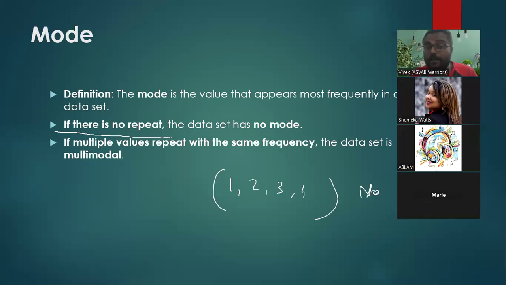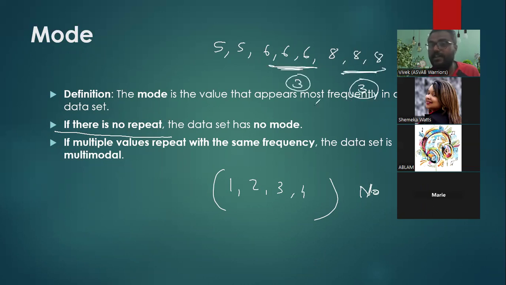Now, if multiple values repeat with the same frequency, let's say 5, 5, 6, 6, 6, 8, 8, 8, then 6 is occurring 3 times and 8 is occurring 3 times. This type of data set is known as multimodal. If nothing is repeating, no mode. If multiple values repeat with the same frequency, it is multimodal.